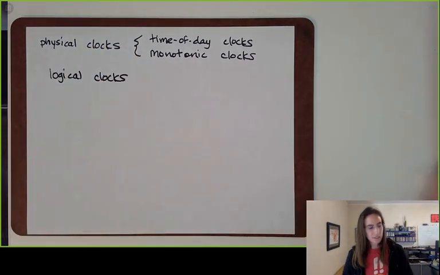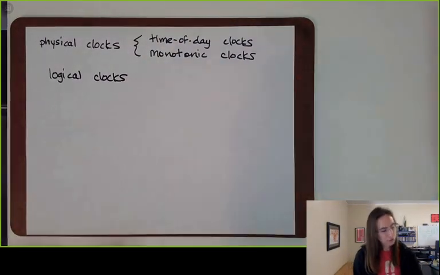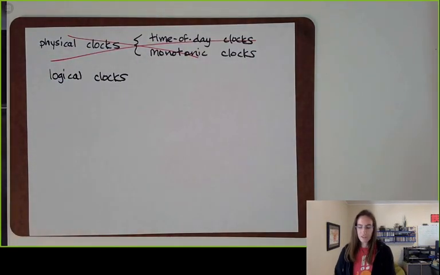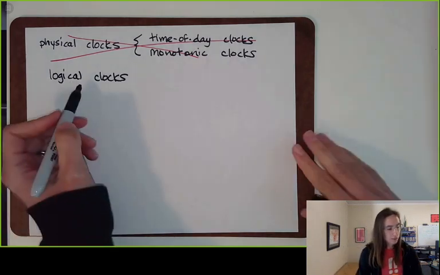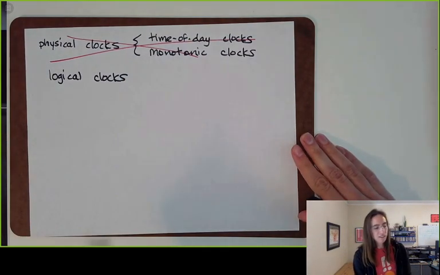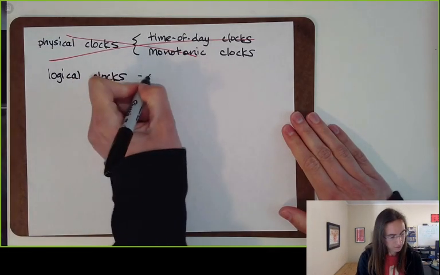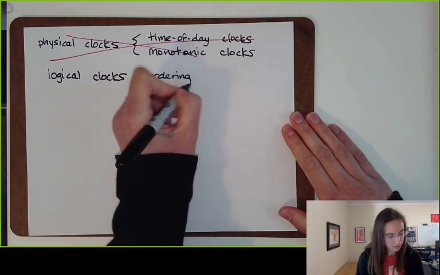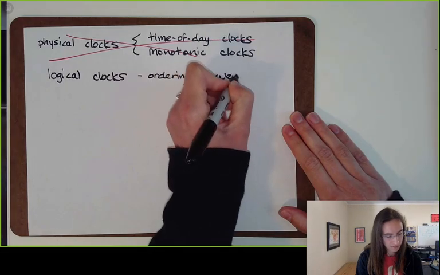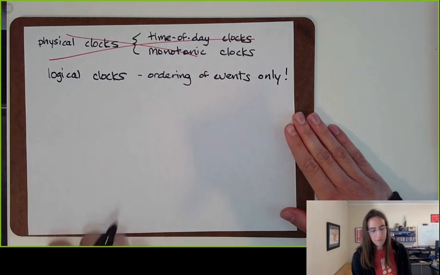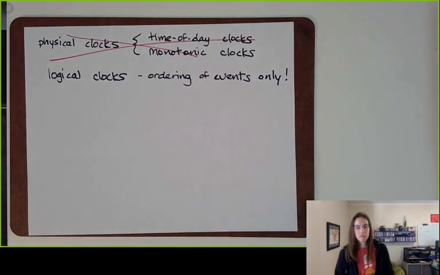So let us speak no more of physical clocks. This is an entirely different notion of clock. They will not tell us anything about time of day, and they will not tell us anything about time elapsed. Instead, they will only tell us about the ordering of events. So we're going to be talking about a couple of different kinds of logical clocks.